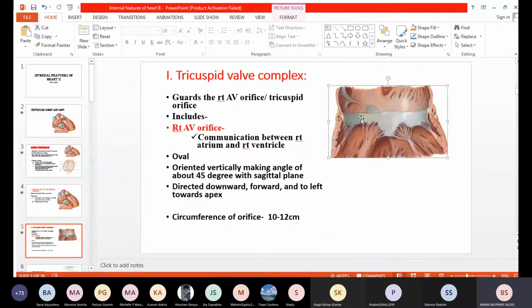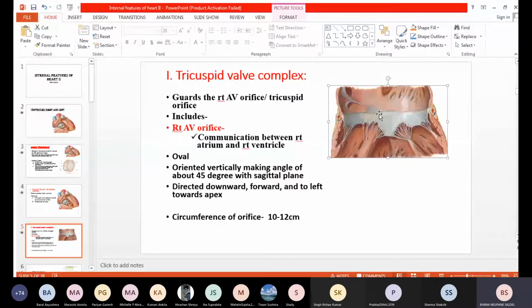Now the shape of the right atrioventricular orifice is oval. Its function is to communicate the right atrium with the right ventricle. The orientation is vertical, making an angle of 45 degrees with the sagittal plane, which you have to remember for your viva.